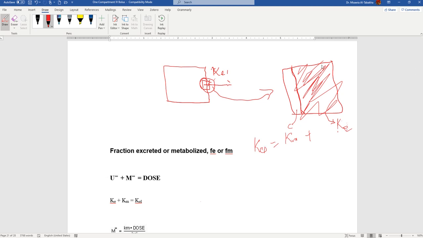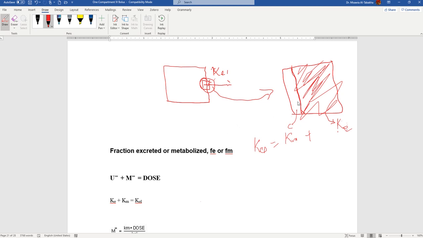So initially KEL, the whole window, is equal to Km plus Ke. If Ke is fully blocked, or let's say we have failure, we may only end up with Km. Km is already small compared to Ke or to KEL, already small. So this will result in the accumulation of the drug inside the body.